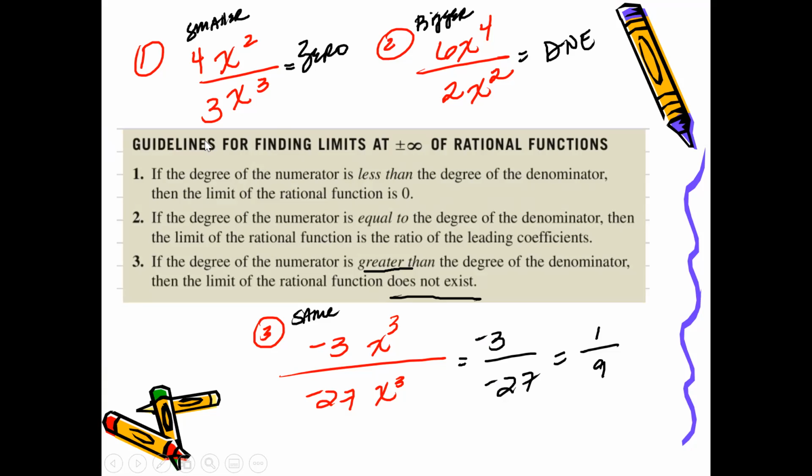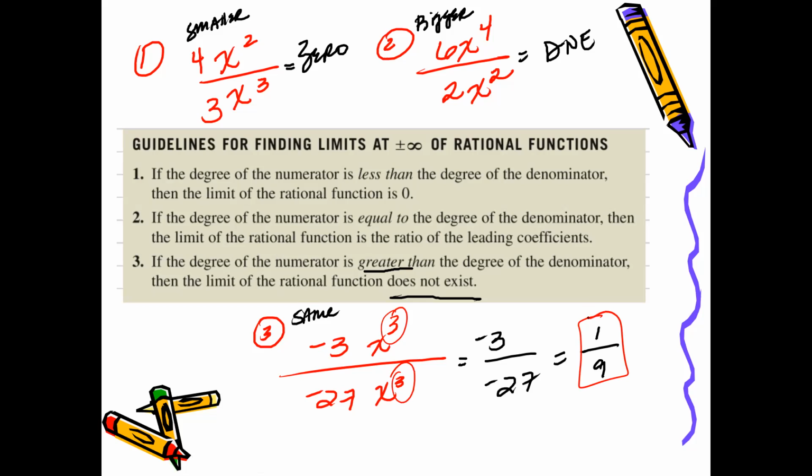We went over this briefly back in Unit 1, but there are 3 different cases. The first one, I always like to remember, if they're exactly the same power, like cube and cube, then you simply look at the coefficient in front of the x. So in this case, it's -3/27, which can be reduced to -1/9.